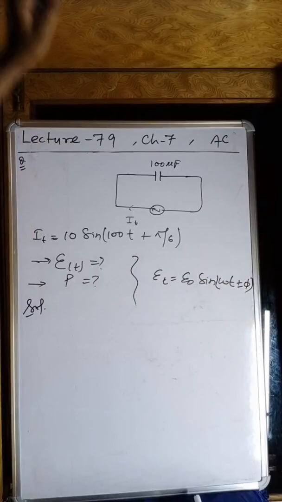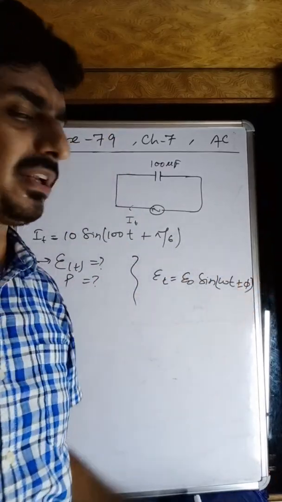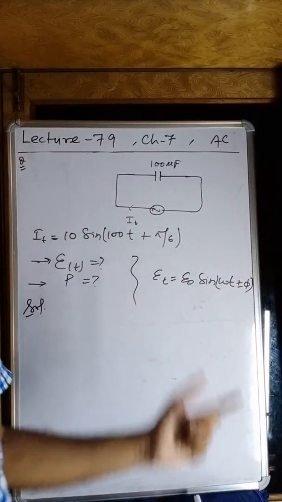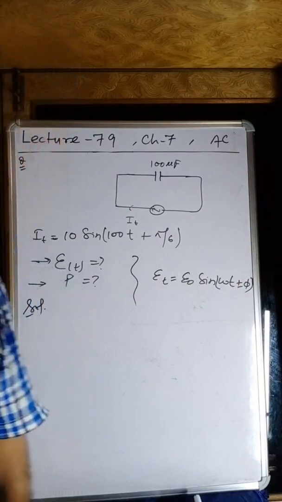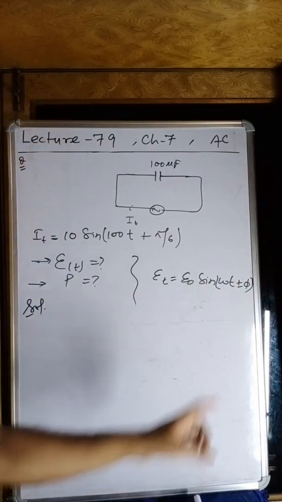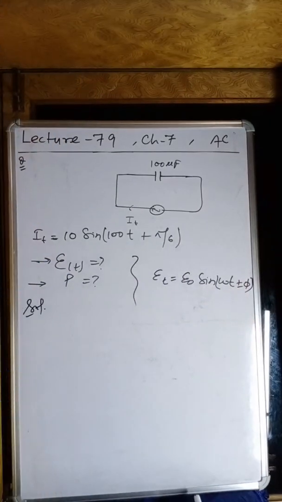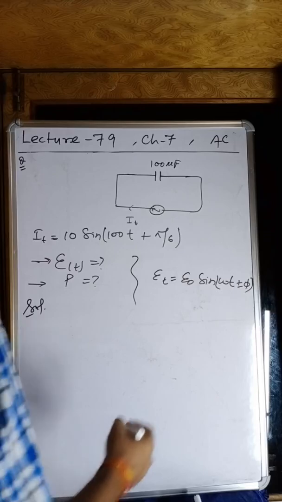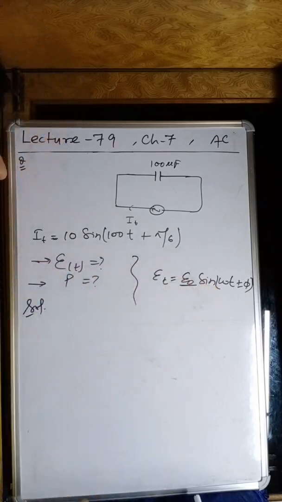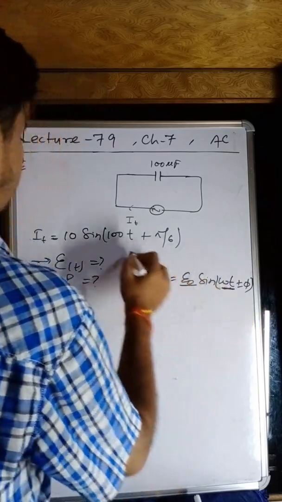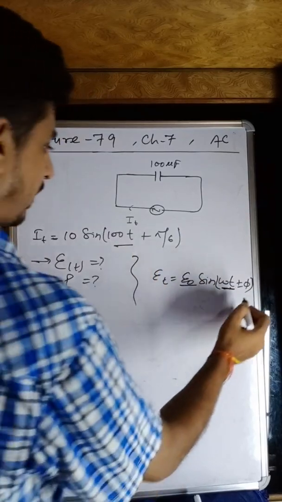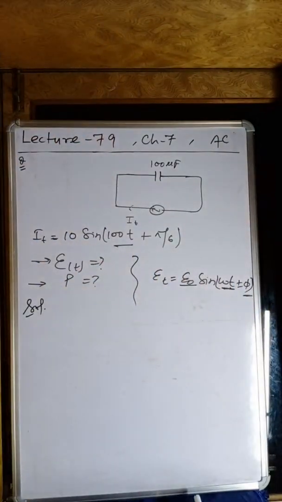Might be phi is 0, might be some value, but we know that the phase difference should not be 0. So we have to find first E naught, and omega t is already given. We have to find the value of phi.